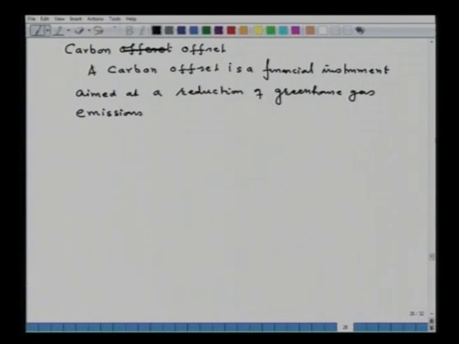That is what a carbon offset means. Now, a carbon offset is measured in terms of metric ton of CO2 equivalent.